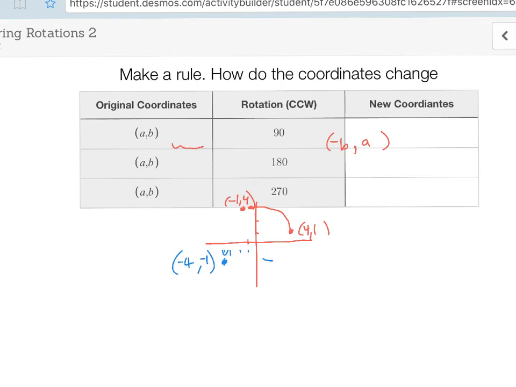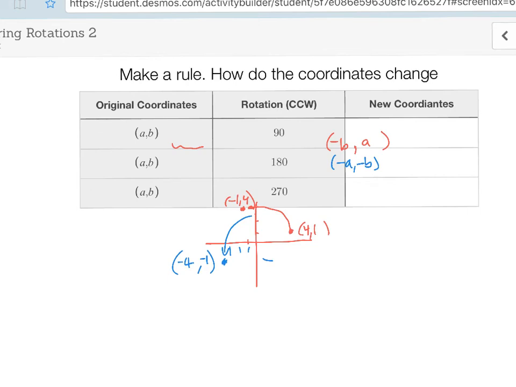So what happened there? Well, the coordinates that were 4, 1 became -4, -1. They didn't change places. They just became opposite. So if we have A, B here, A, B is going to become -A, comma, -B, the opposites. So with a 180-degree rotation, they just change signs like that.